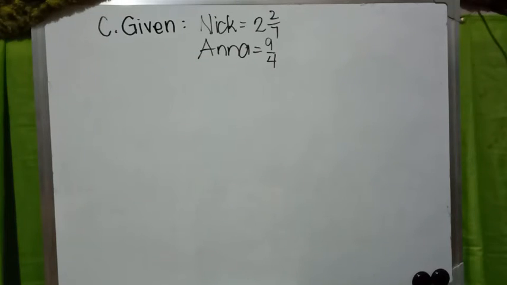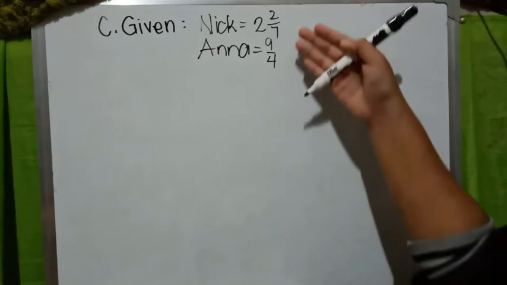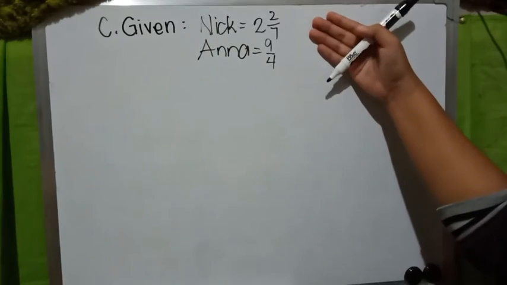So it's asking who takes less time. So do we need to solve? Not yet, because we are still looking for who takes less time. So can we identify who takes less time here?